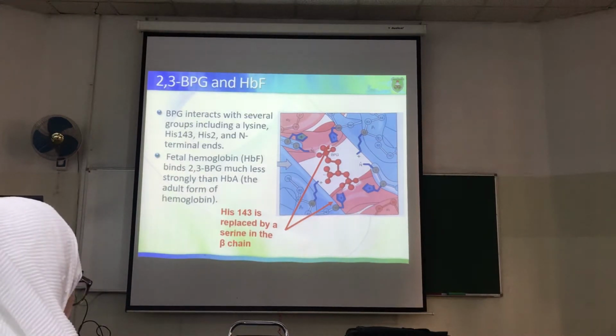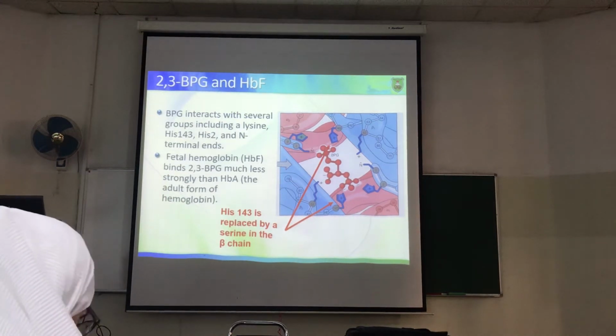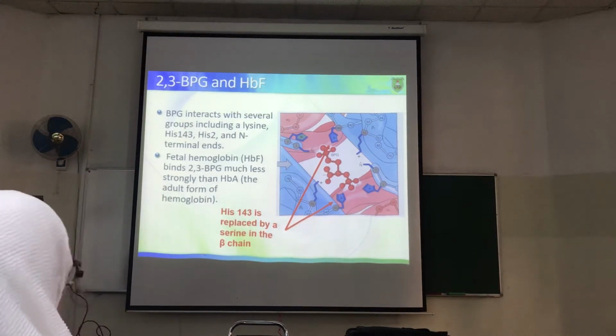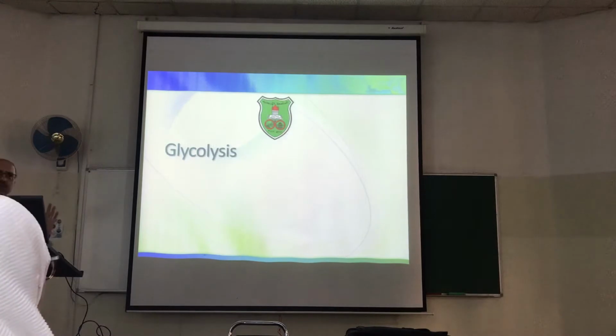So there is a variant. Our fetal hemoglobin does not have histidine 143, and as a result, there is reduced interaction between 2,3-bisphosphoglycerate and fetal hemoglobin. And as a result, you have this fetal hemoglobin having stronger or higher affinity towards oxygen. Okay. So that's the first one.